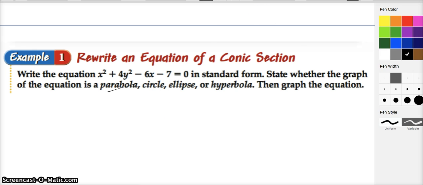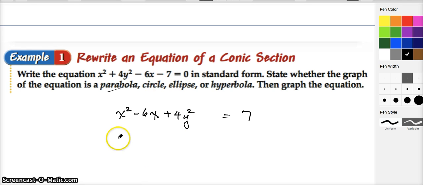Let me use a pen that I like. I want a thicker pen. So I'm going to move the x terms together. I'm writing x squared minus 6x plus 4y squared, and I'm going to put the constant term over on the other side. So that's going to give me a positive 7. Take a moment to make sure that makes sense.